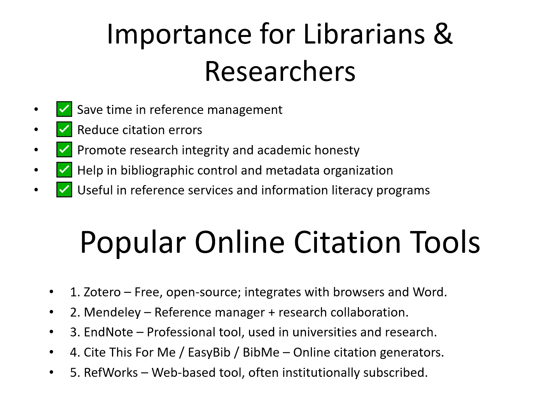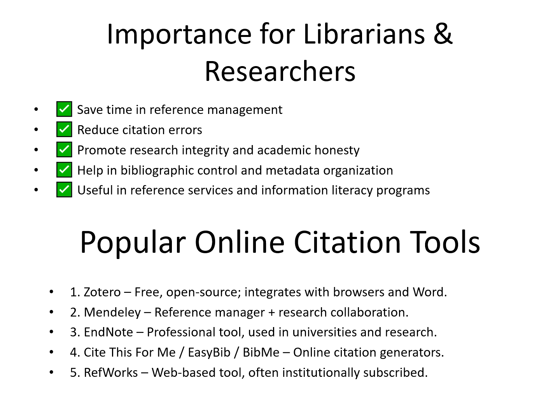Let's look at some of the most popular citation tools you must know for UGC NET. First is Zotero. Zotero is free, open source, integrates with browsers and Word. Perfect for students. Second is Mendeley. It is a reference manager and research collaboration tool, great for researchers. Third is EndNote. It is a professional paid tool used widely in universities.